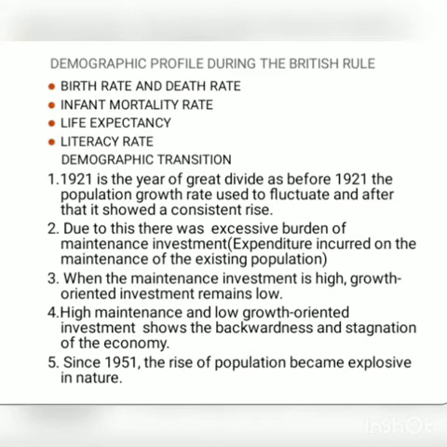And it was very high. It was 218 per 1,000, and at present, it is only 32 per 1,000. This was very high during that time because of poor health conditions, along with extreme poverty.